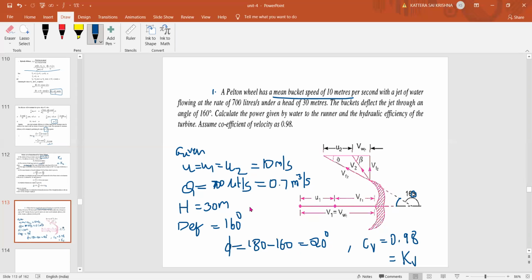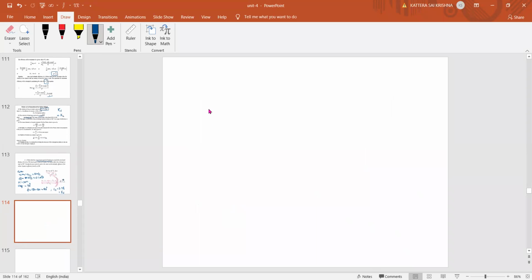So these are all the given data. Up to now, these are the things he has given. Next we need to find the velocity. What is the initial velocity? How to find V1? V1 is equal to CV into under root of 2gh. So velocity of the jet equals CV times under root of 2g into head available.